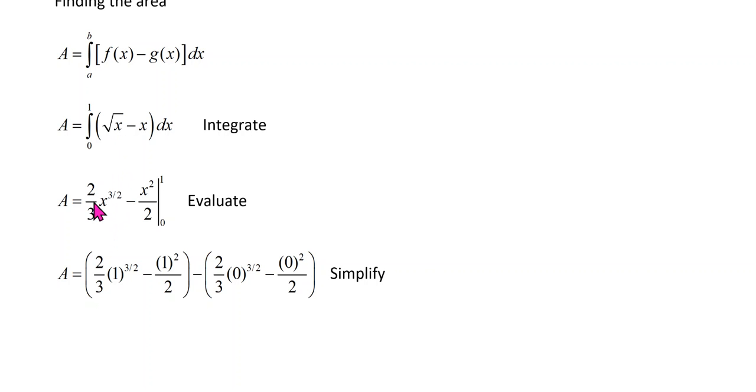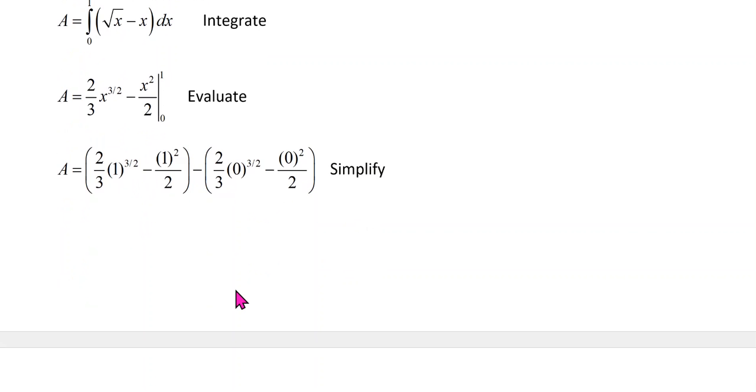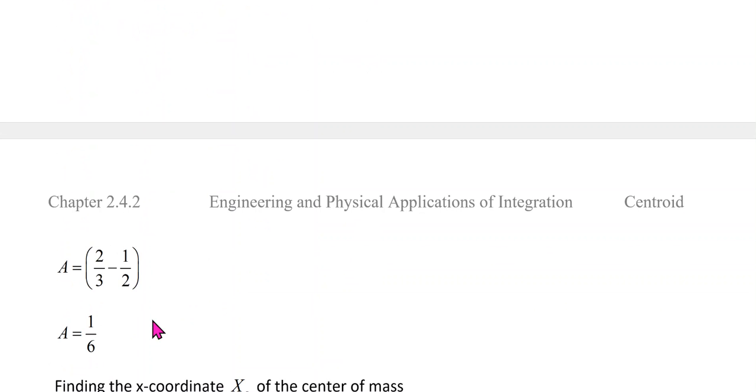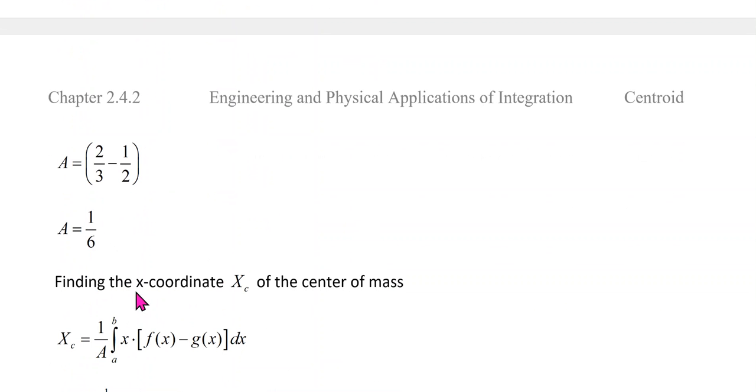When you divide by a fraction, you flip and multiply, get 2/3. Here x gives us x squared over 2, and then we evaluate these two expressions at 0 and 1. First we plug in 1 for x and then 0, and then we end up with 1 over 6 as the area.